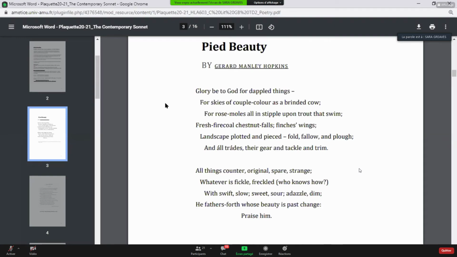So that ends up with 10 and a half lines. And he calls it a curtal sonnet. A curtal sonnet. I can't write it now because I've got the poem here, but it's a curtal sonnet, curtal. He wrote three such sonnets. So he considers this to be a sonnet.